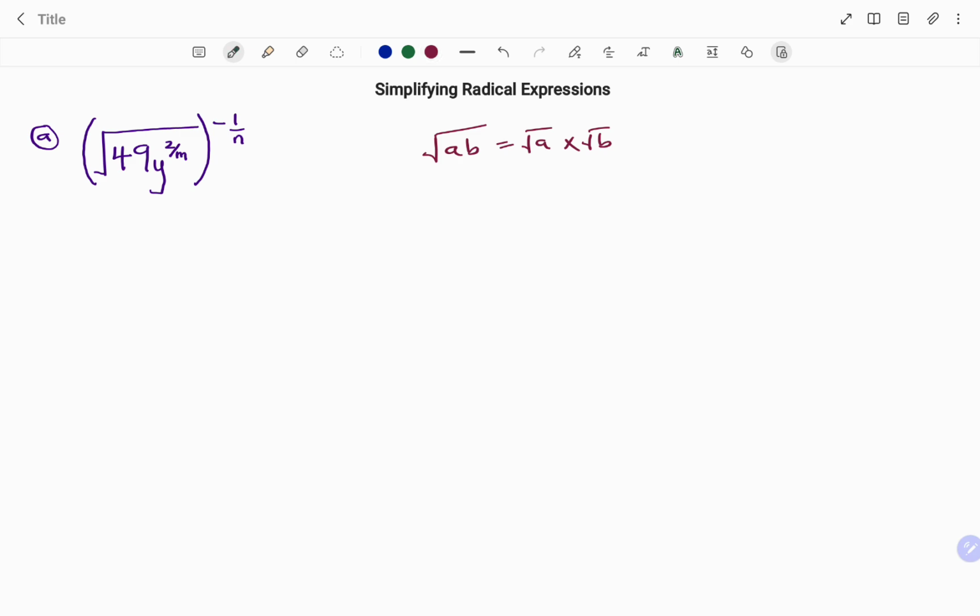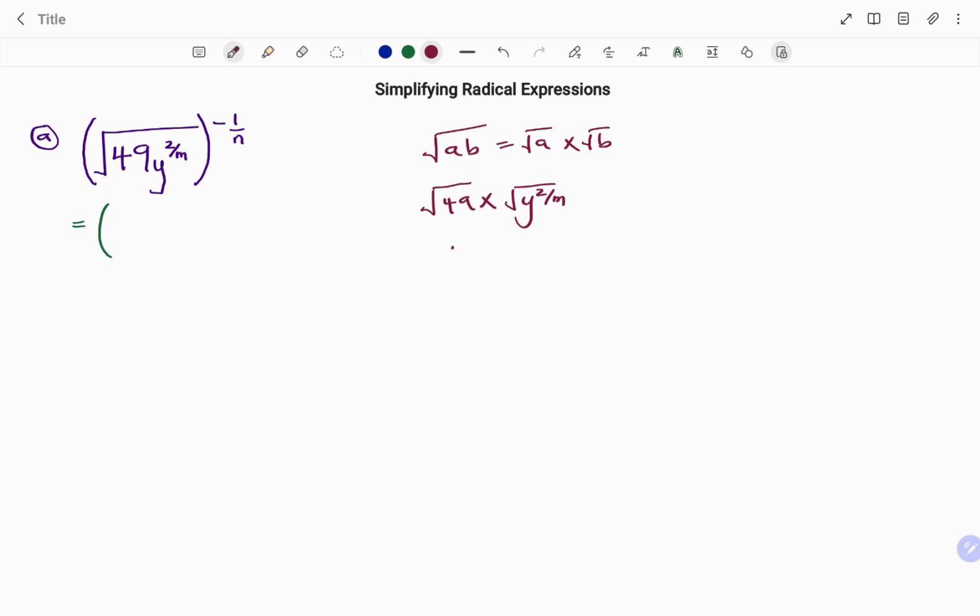So in my first example, I'm going to start with my inner root, which says square root of 49 times y to the power of 2 over m. I'm going to work that out by the side. That's the same as square root of 49 times the root of y to the power of 2 over m.